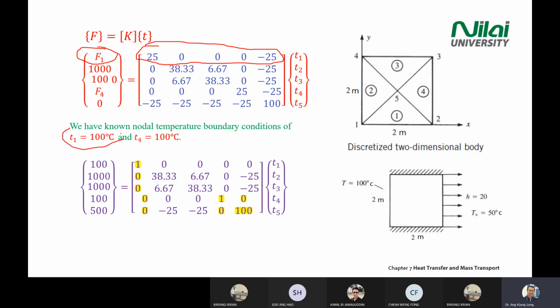Since you know the temperature one is T1 equal to 100, so you manipulate the matrix into 100 and you manipulate to become 1 T1 0 0 0 0 by using T1 equal to 100 degrees C, and then you what else? And also you manipulate the temperature number 4, this one, by using this value.